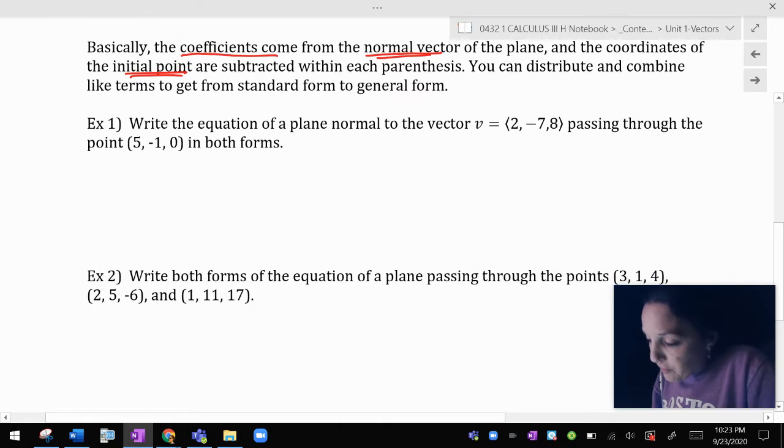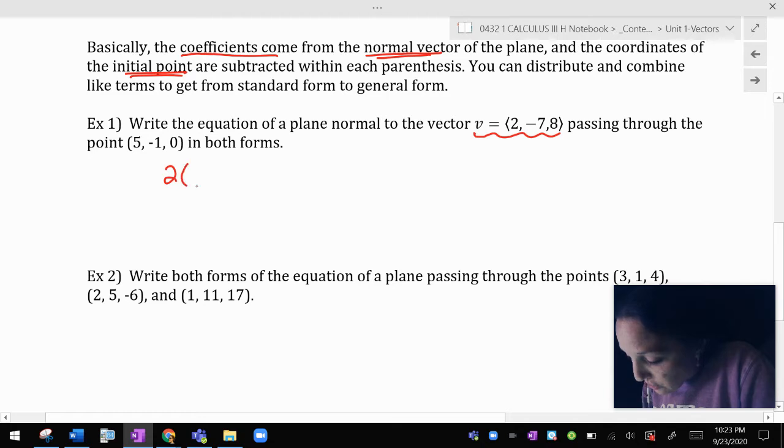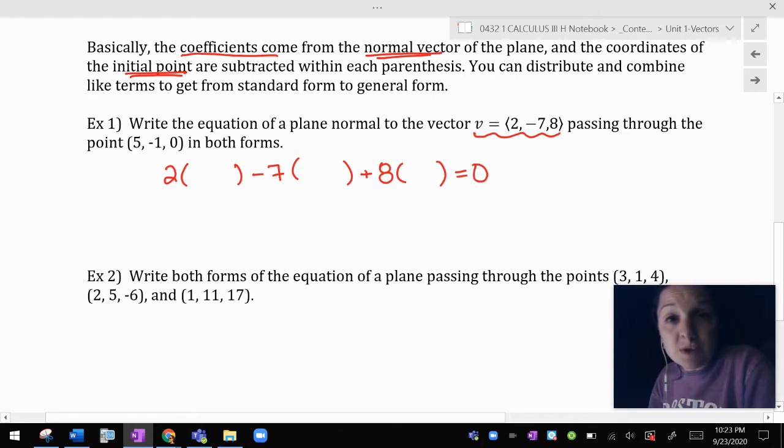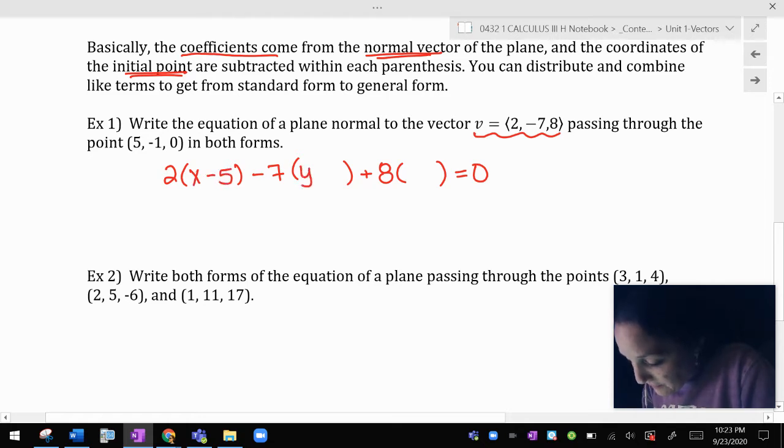So write the equation of a plane normal to the vector 2, -7, 8, and passing through the point 5, -1, 0. So the coefficients are 2, -7, and 8. The plane is set equal to 0. Don't forget your equal sign, okay? And then my starting point is 5, -1, 0. X minus 5, y plus 1, z minus 0.